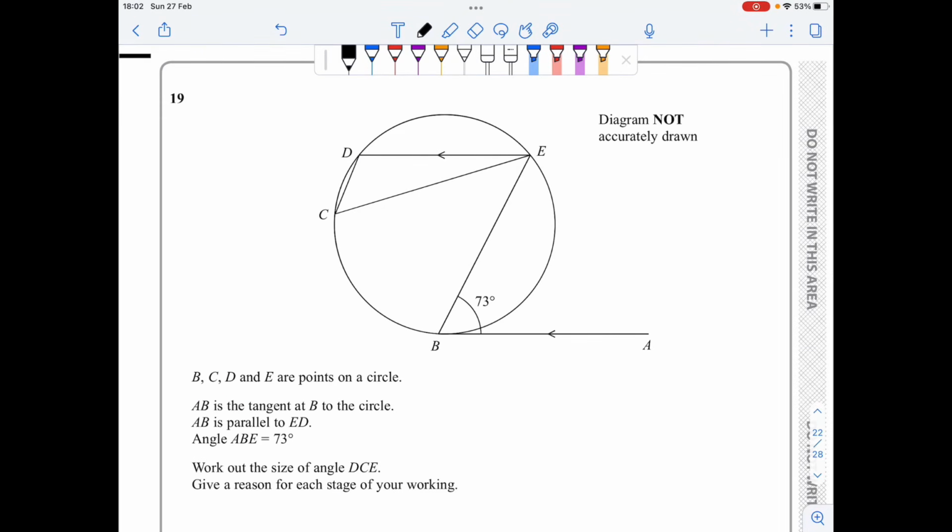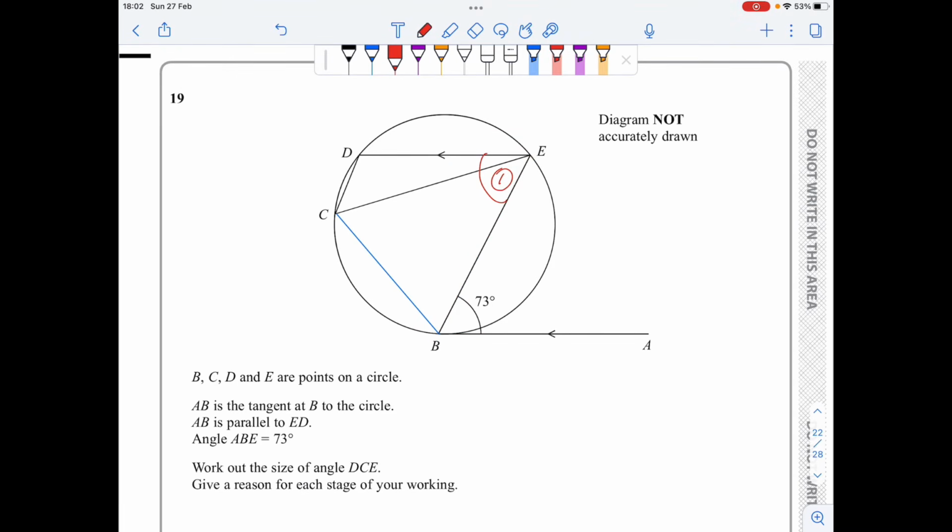I'll start question 19 by joining B to C. Then the steps I will follow are the following. I'll find angle BED, this one here. This is 73 because there are alternate angles.